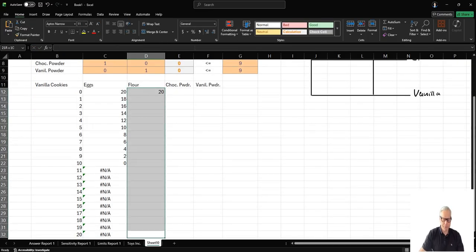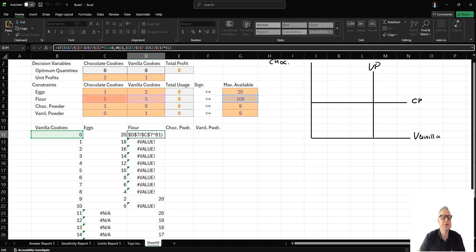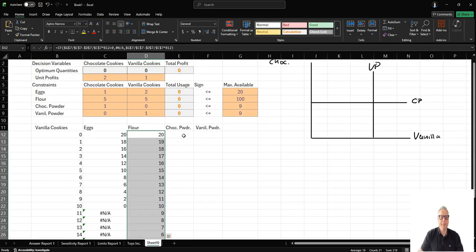Okay, now we can copy this down. If you see something like this, you can be sure I forgot somewhere the dollar signs to fix the formula. So let's go back. Well, there is a B1 at the end, I forgot the 2.